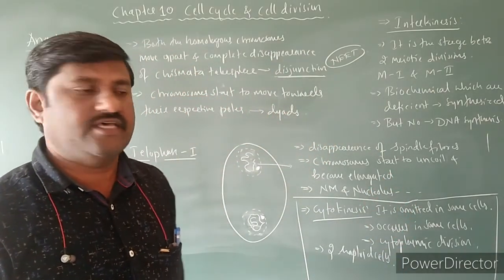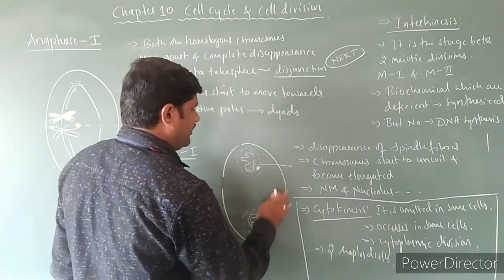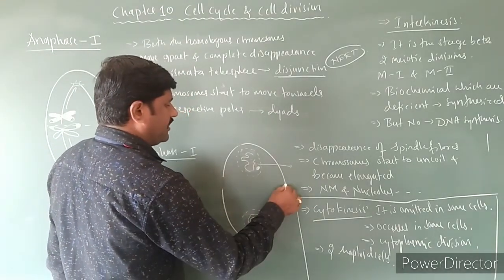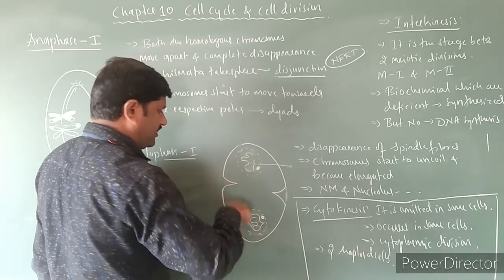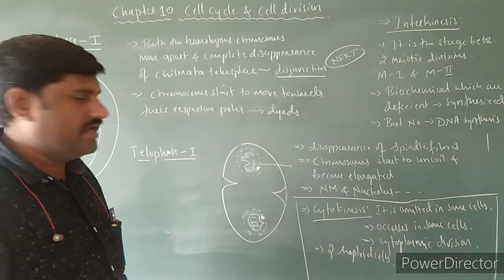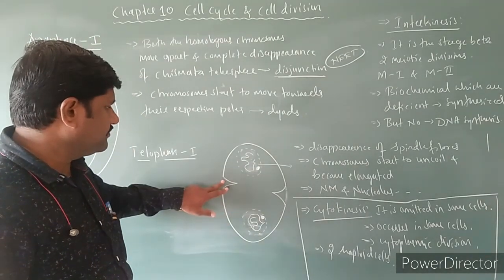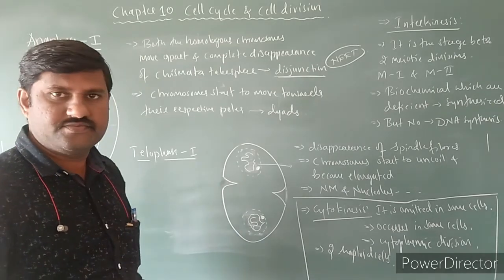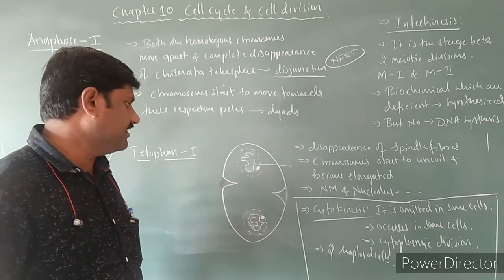How does it form? In animals, a cleavage occurs at the middle part of the cell.